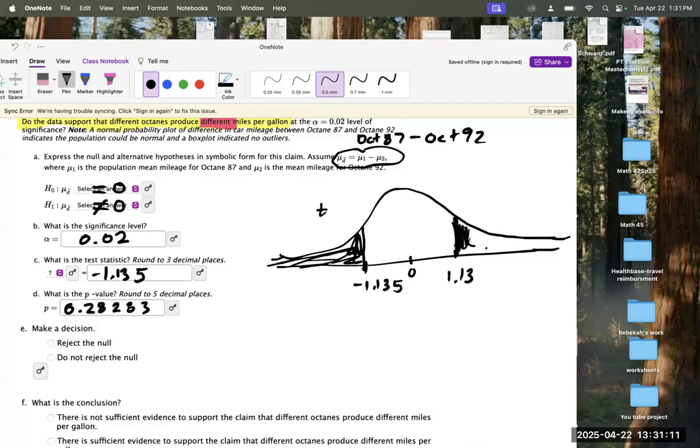We have to do the area under the curve to the right of the positive of the t-value of the test statistic, and the area under the curve to the left of the negative of the test statistic, and we add these two areas together, and that makes up our p-value. Because we want to know, what if we had differences as small as these or smaller, what's the probability of that, or as large as that in opposite value or higher.